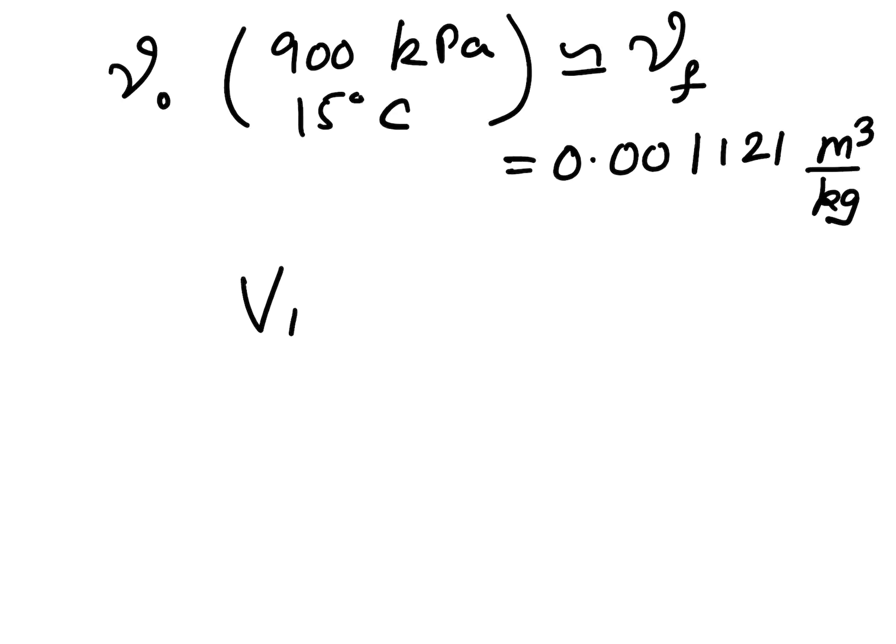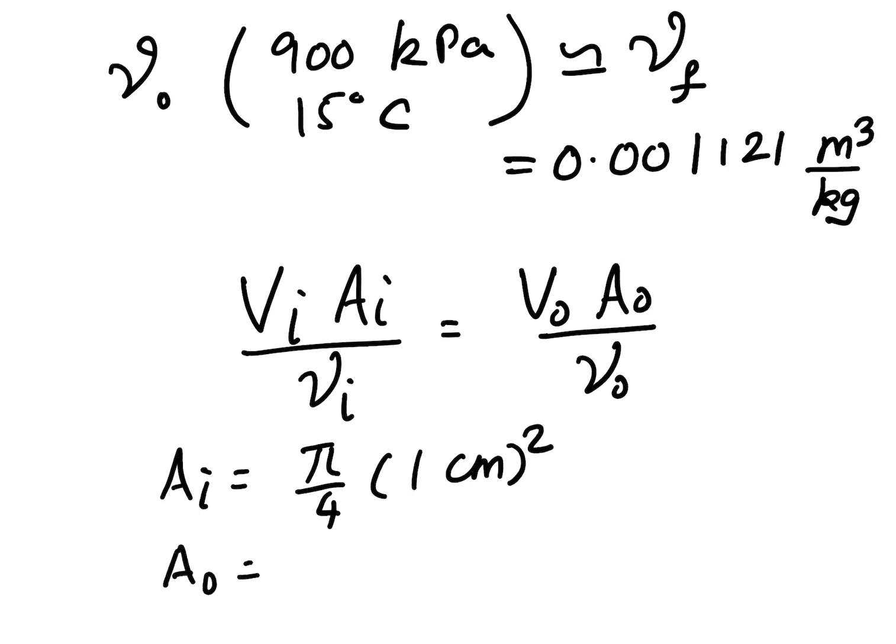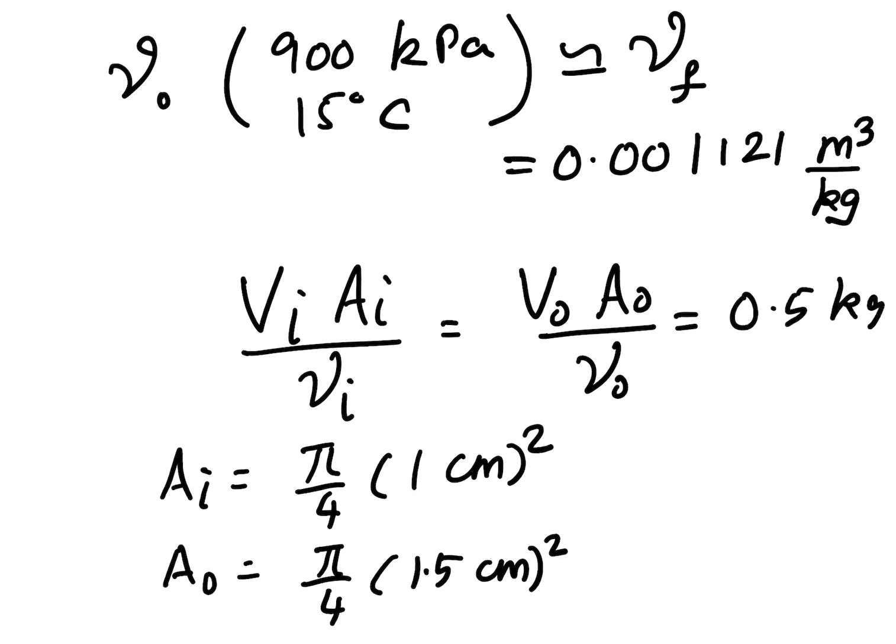So with these numbers, I have Vi Ai over nu i equals Vo Ao over nu o. I do know Ai, which is pi by 4 times 1 centimeter squared, and Ao is pi by 4 times 1.5 centimeter squared. And I also know that the mass flow rate itself is given to be 0.5 kilograms per second.